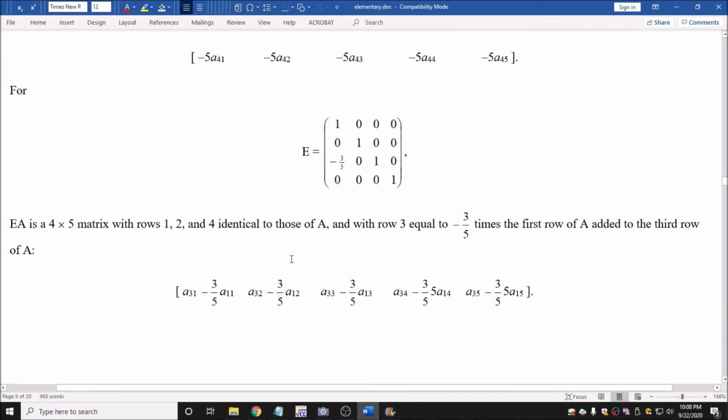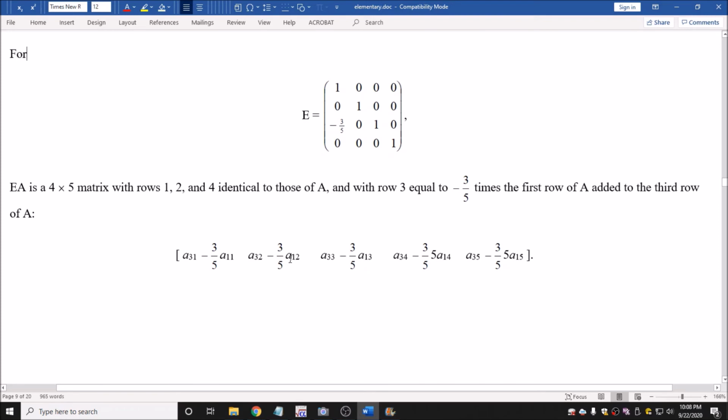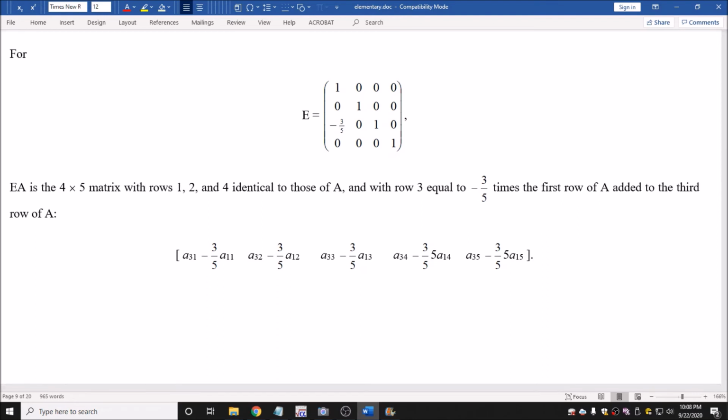For the 4x4 elementary matrix where we're adding -3/5 of row 1 to row 3 of I, EA is the 4x5 matrix with rows 1, 2, and 4 identical to those of A, and with row 3 equal to -3/5 times the first row of A added to its third row.